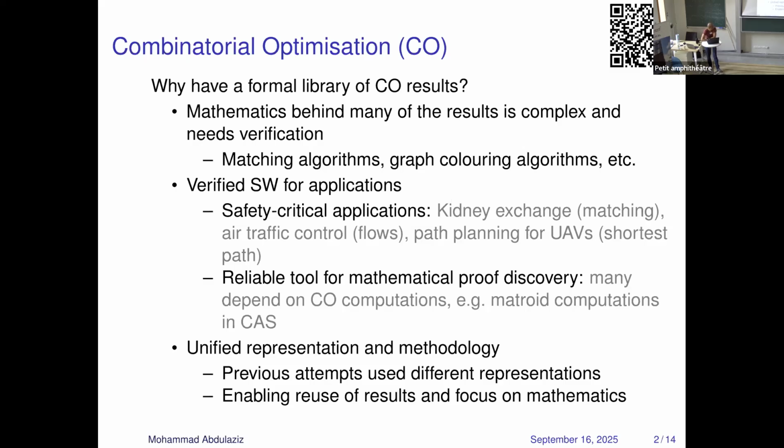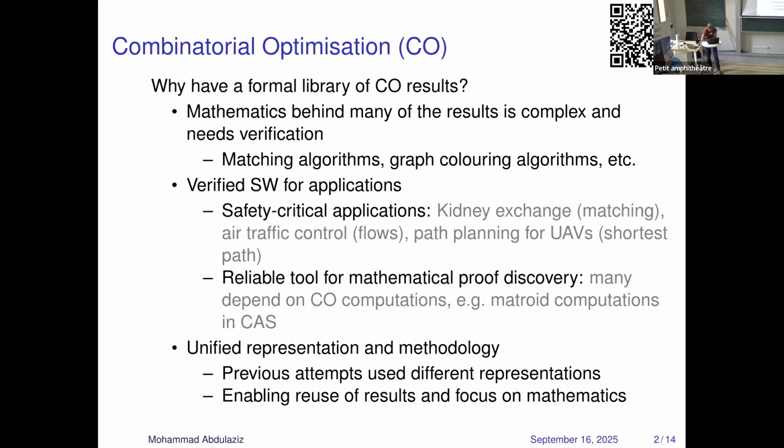A second reason is that we think it's important to have a library of verified software that does combinatorial optimization, and that has at least two uses that I can think of. There are some safety critical applications where a suboptimal solution to a combinatorial optimization problem might lead to loss of life or substantial economic losses.